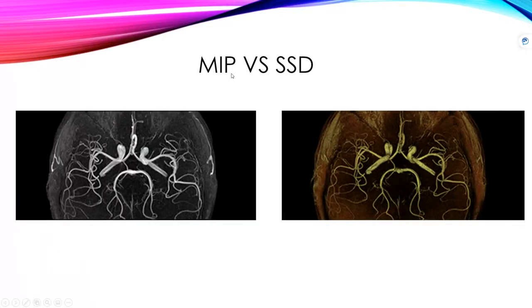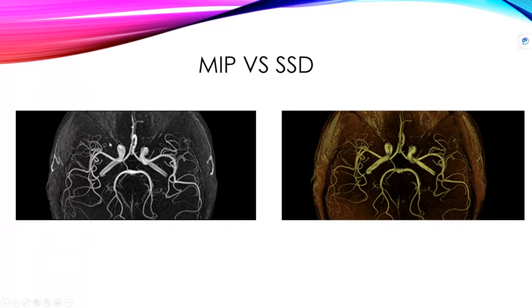This is the difference between MIPing and SSD. Remember, SSD gives you that depth perception, so you're able to actually see the structures, what's in front, what's behind. It looks like you're looking at a cross-section of somebody's brain, rather than an image on a screen, where this is MIPing and you can't tell what's in front and what's behind.